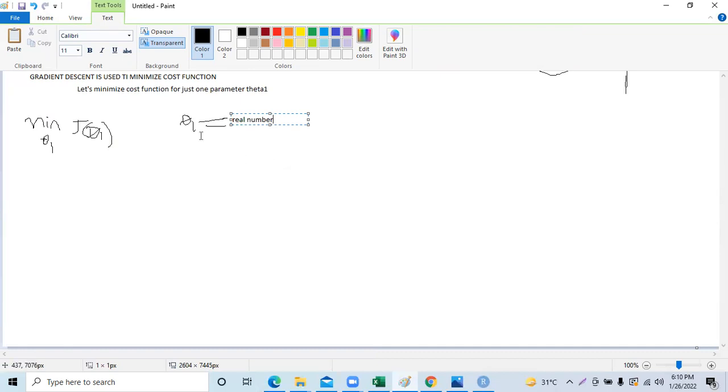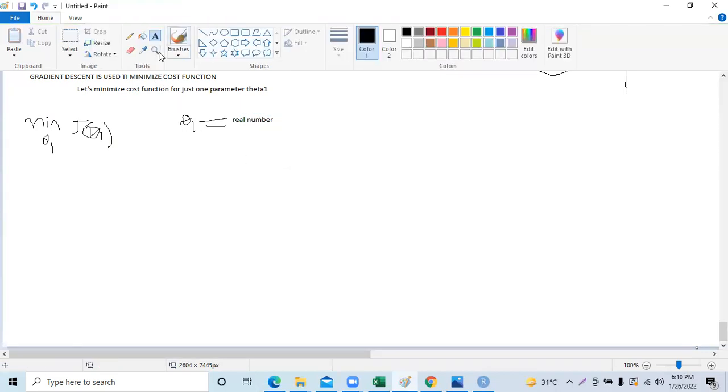Remember that I told you that in machine learning, we start at a very random value for theta. So let's say we have our gradient descent.